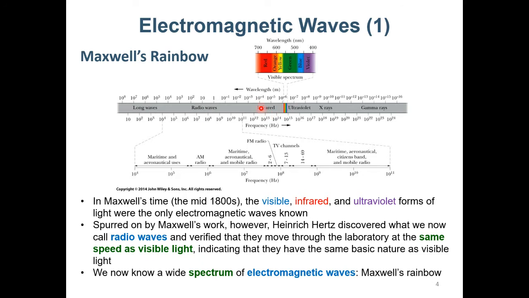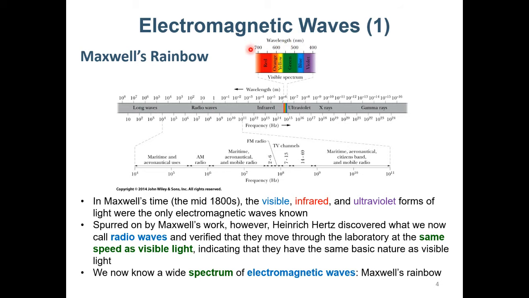So here is the infrared and the ultraviolet. And this is the visible light. So we have red, orange, yellow, green, blue, and violet.